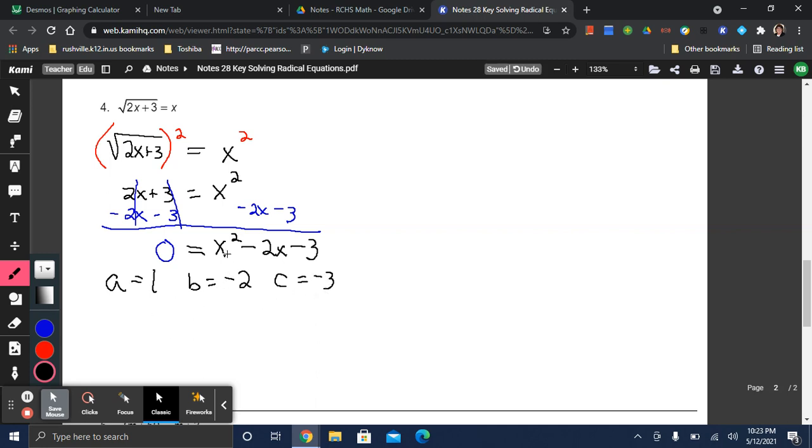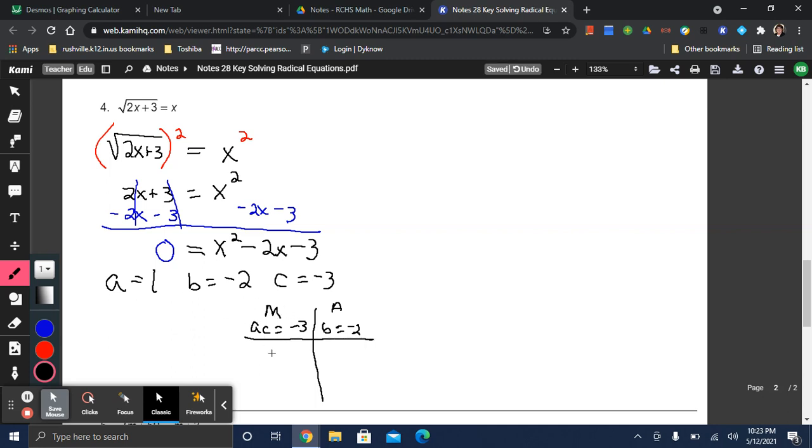And you have two options. You can solve by factoring or by the quadratic formula. Since we did factoring the other day, I'm going to continue to use that. So we would look to see what would multiply to give us the AC. 1 times -3 is -3. What would add so that it would give us B, which is -2.